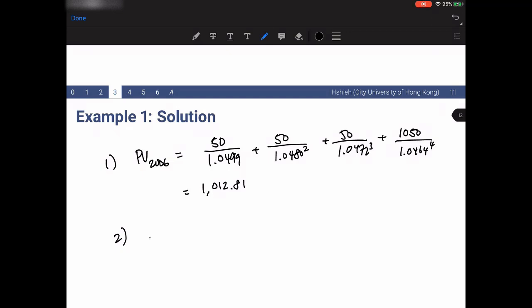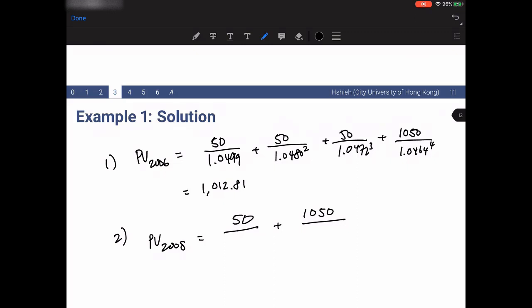So the present value, 2008, is equal to only one $50 payment plus a principal payment of $1,000 and another $50 interest payment. Okay, and we're going to match these time horizons as of 2008 with the corresponding investment horizon for each of these cash flows, again, as of 2008.